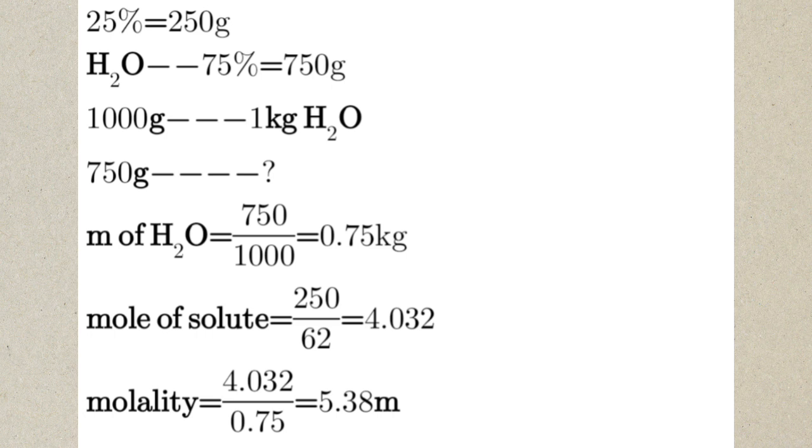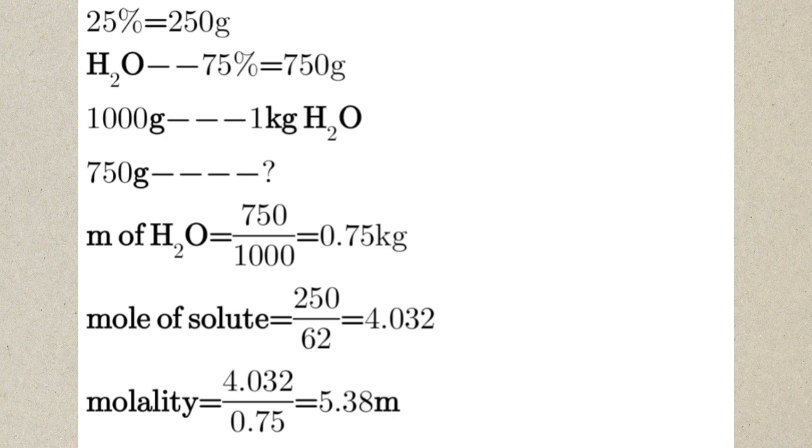Then we look for the number of moles of the solute, ethylene glycol, which is the mass of ethylene glycol, our 250, over the molar mass, which you all know already. We've been using it several times, which is 62. So that would be equal to 4.032. Then we find the molality.